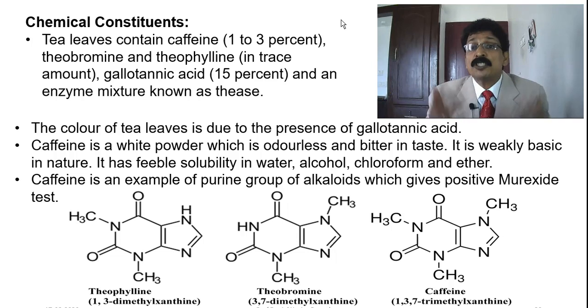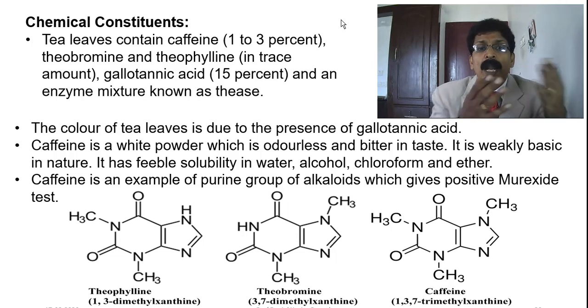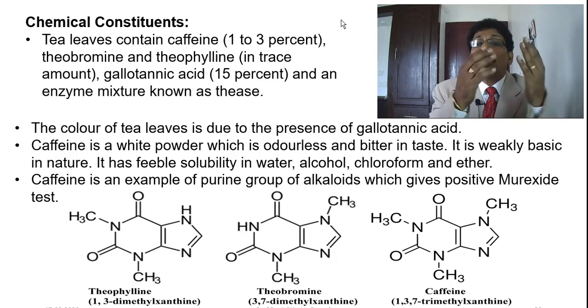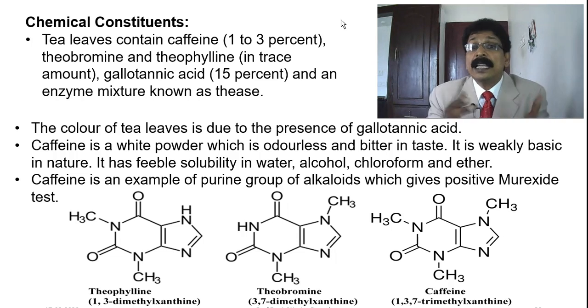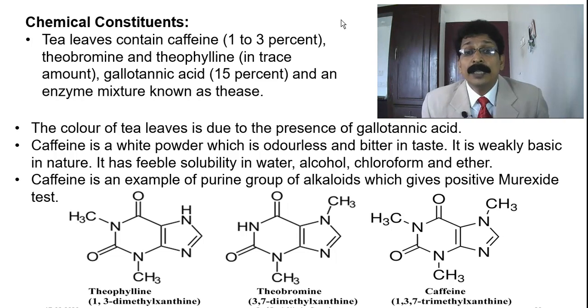If you give substitution of a methyl group at positions 1 and 3, then it is called theophylline. And with methyl groups at 3 and 7, it is called theobromine. If you give all three, that means 1, 3, 7, with only the nitrogen at 1 left, then you will get caffeine. Very simple.